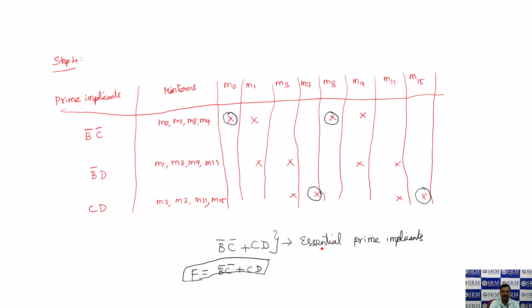Let us see with the K-map, right? The maximum value is 15, so we are going to use a 4-variable K-map, with variables A, B, C, D. This is for verification.